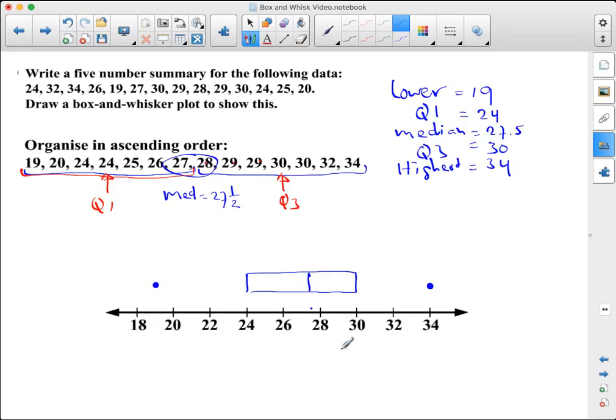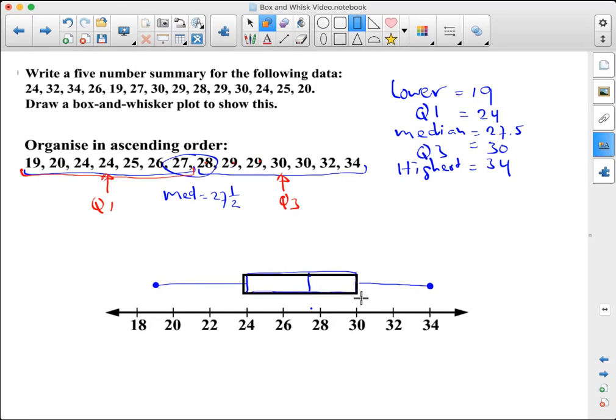That's where I draw the median. I connect the whiskers, and there's my box plot. Now if you have a ruler, you can do a slightly better job, obviously, because you can make nice shapes like that. But I won't be bothered.